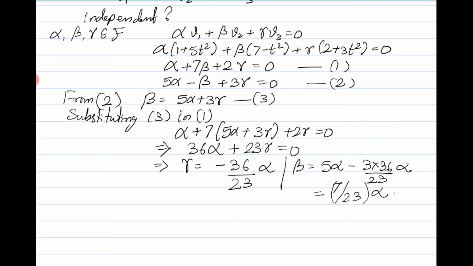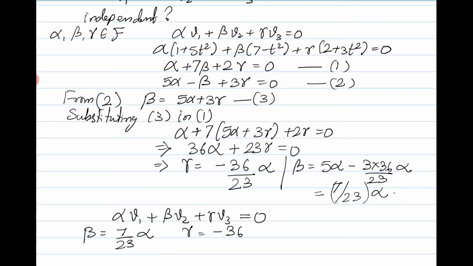So what we get here is alpha v1 plus beta v2 plus gamma v3 goes to 0 for the given vectors v1, v2, v3 if beta is 7 by 23 times alpha and gamma is minus 36 by 23 times alpha.